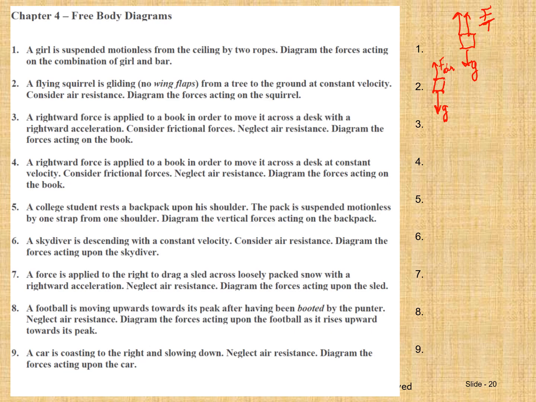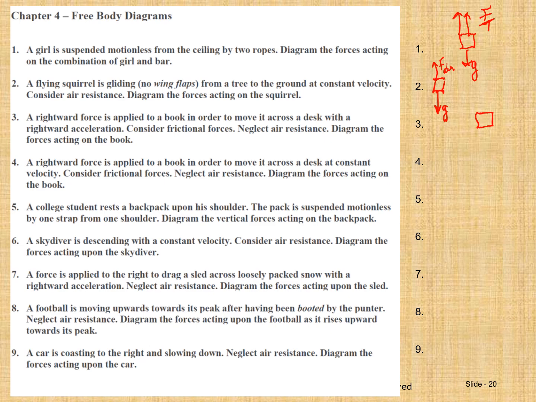Next, a rightward force is applied to a book in order to move it across a desk with a rightward acceleration. Consider frictional forces, neglect air resistance, diagram the forces acting on the book. So let's draw our book over here. All right, number 3.